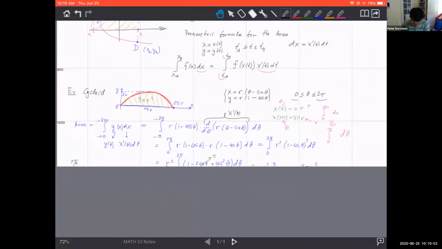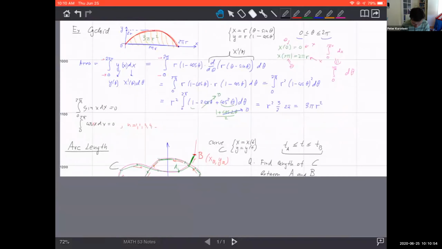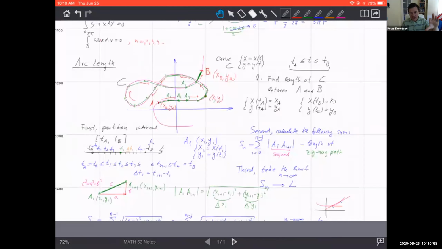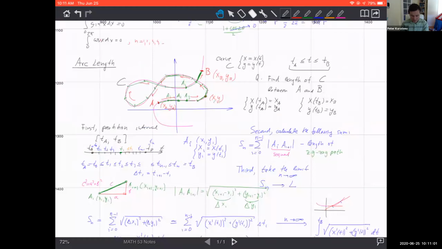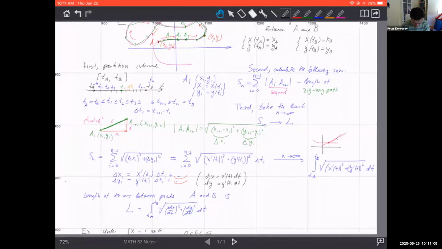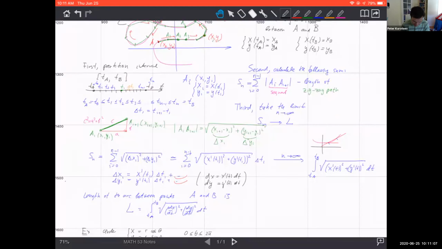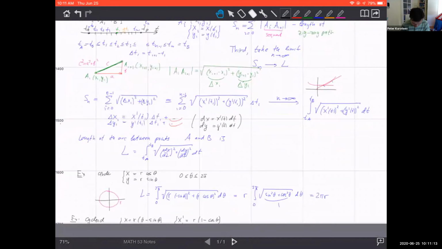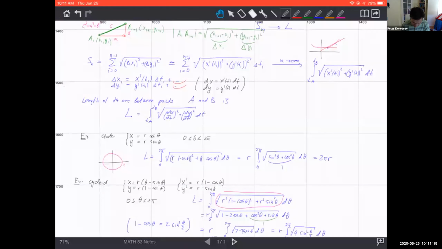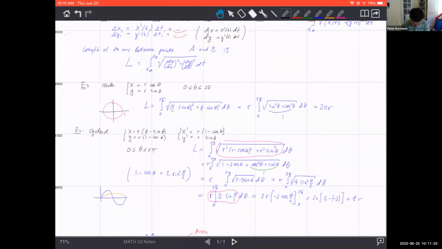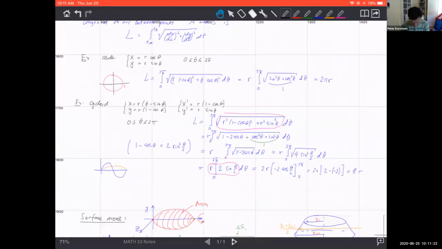And finally, in the end, we talked about the rotational curves, areas of surfaces which are obtained by rotation of the curve about the x-axis and about the y-axis. So these are standard calculus tools which become even more effective when we use parametric description of those curves. And so we have derived all the formulas. Everything was done from scratch, and I think we'd appreciate the beauty of the presentation.